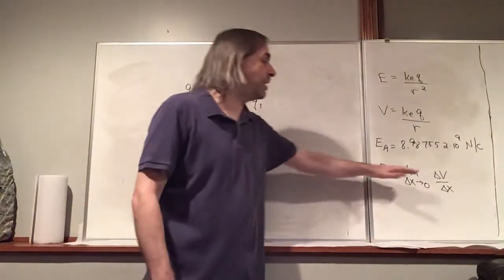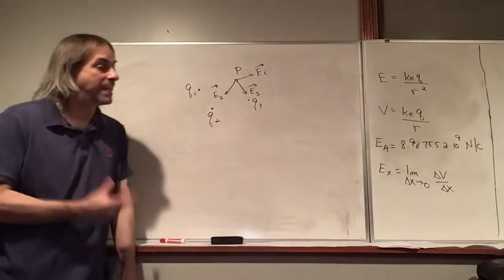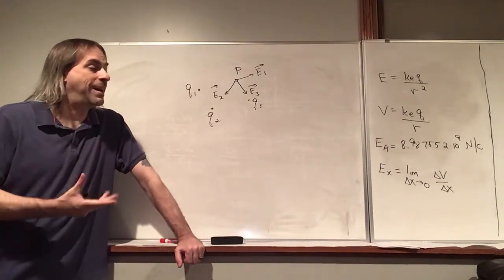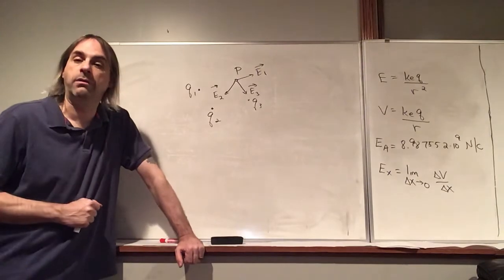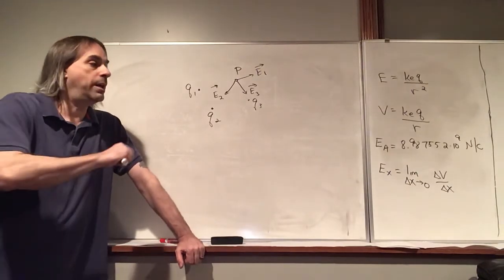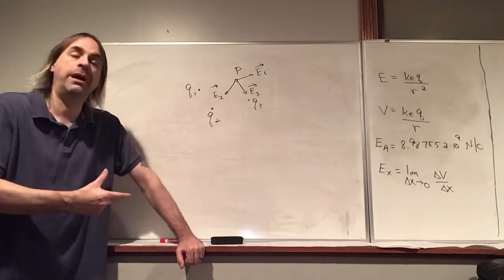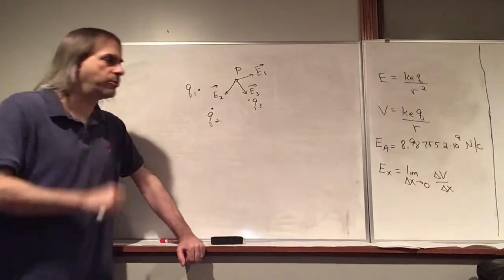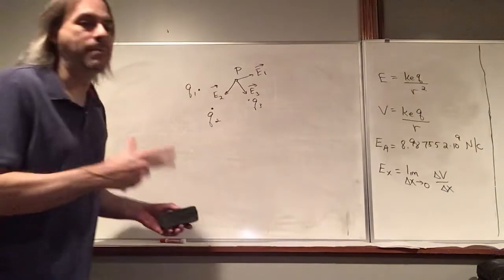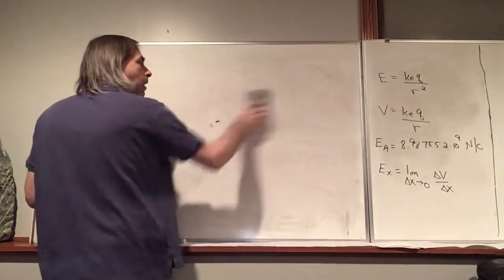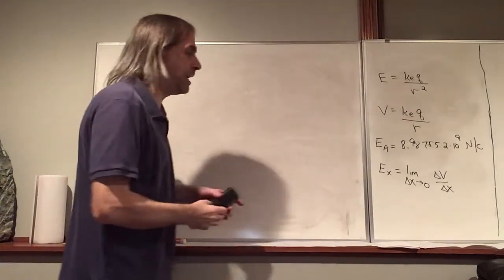And remember, electric potentials are scalars. So a lot of times, if your goal is calculating electric fields, you can calculate the electric potential and then use that to get the field. We don't do that here, except maybe in one special case. So that's a very important application of it.